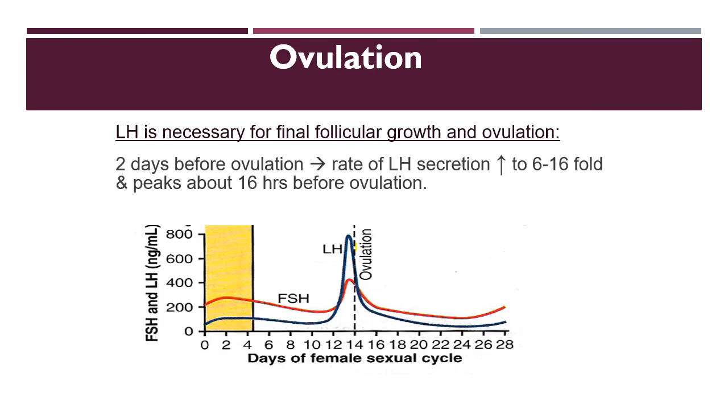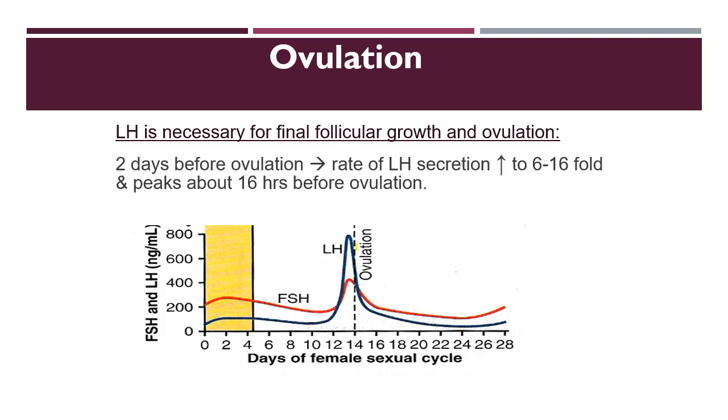Now let's start talking about the events occurring after completion of the maturation of the follicle. There will be a time where the ovum will be expelled from the mature Graafian follicle, which is called ovulation.